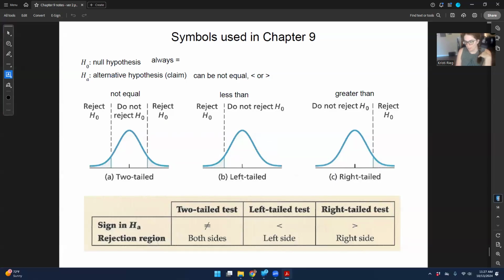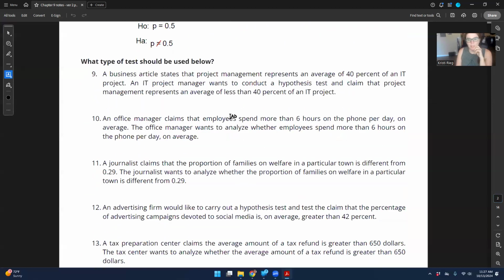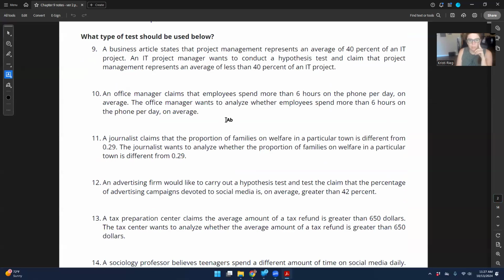So let's go back to page 2, and it says, what type of test should be used below? Okay, so we have a business article that states the project management represents an average of 40% of an IT project. I'm just going to highlight the claims to get into practice of that. An IT project manager wants to conduct a hypothesis test and claim, okay, this is easy, they literally told us the word claim, that project management represents an average of less than 40% of an IT project.